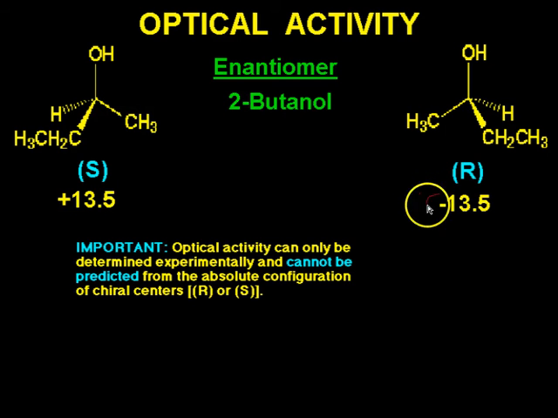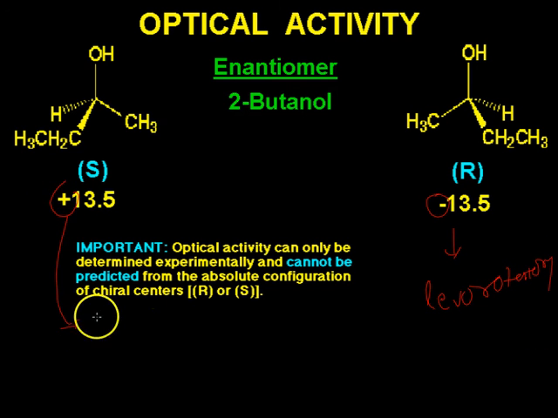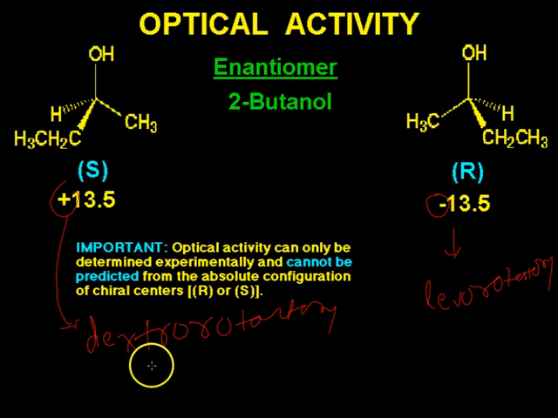So this compound that rotates the plane polarized light in counterclockwise direction is called levorotatory, okay, and this compound that rotates the plane polarized light in clockwise direction is called dextrorotatory, okay. Dextro means right, levo means left.